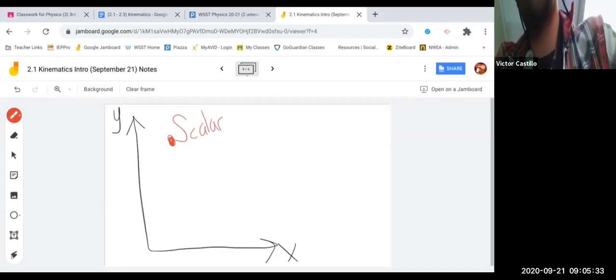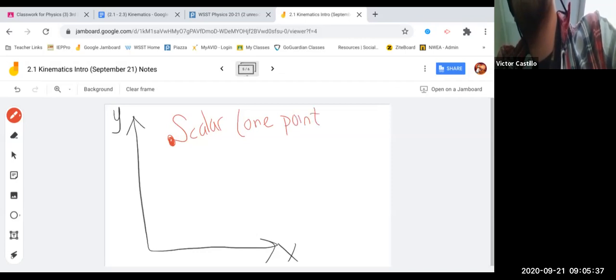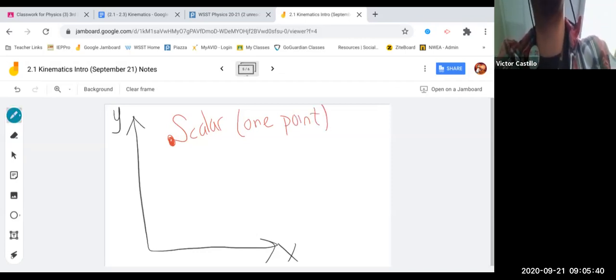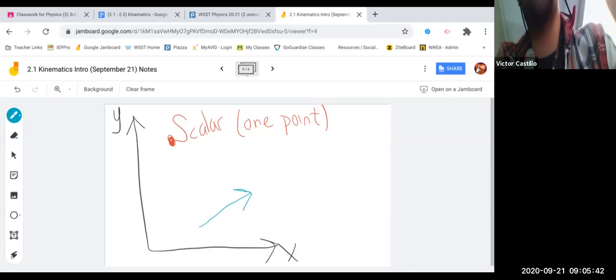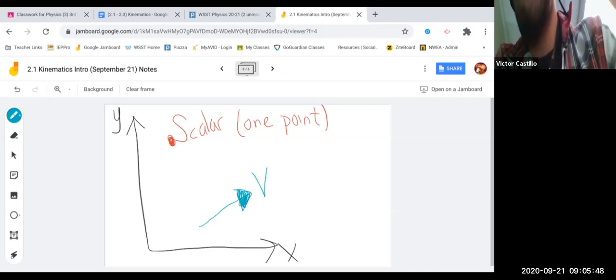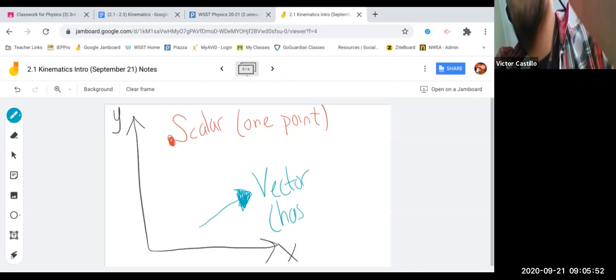Scalar, just like 1 point. As opposed to a vector, which actually has direction. So in the graph, that's how it will look.